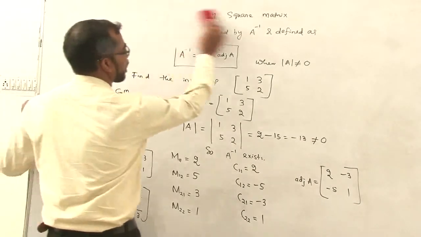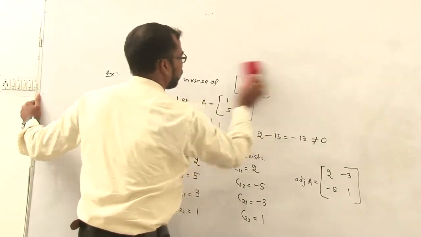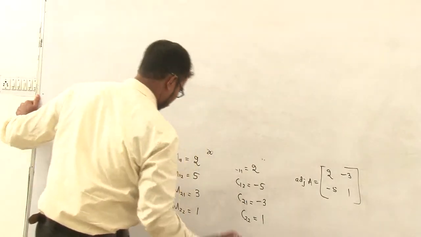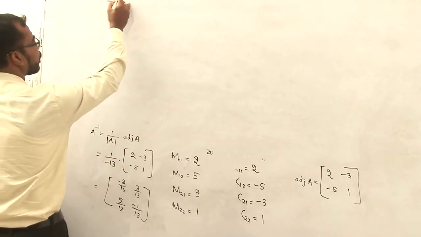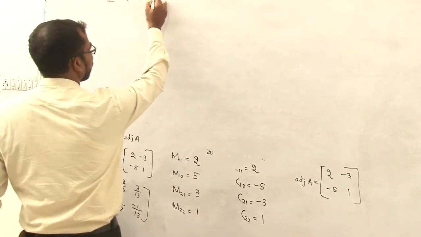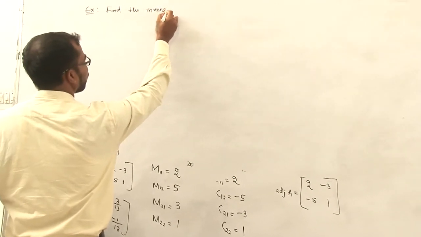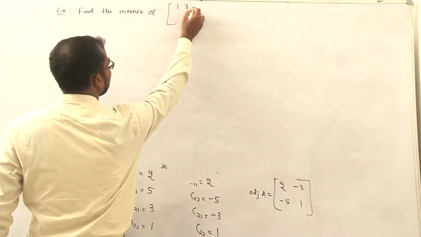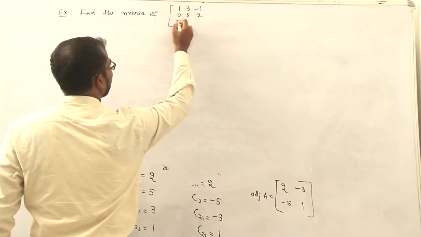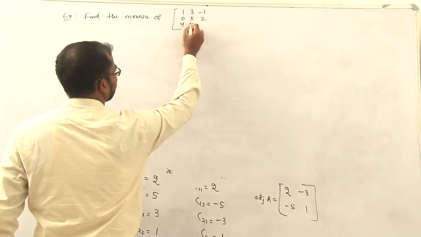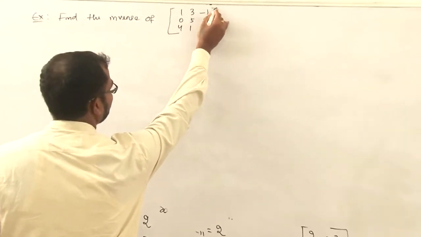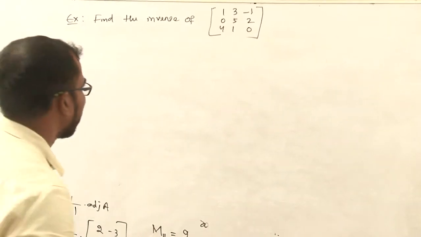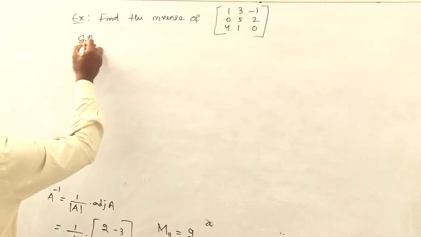Take another example: find the inverse of the matrix 1 3 minus 1, 0 5 2, 4 1 0. So we have to find the inverse of this matrix. Okay, so this is the solution.